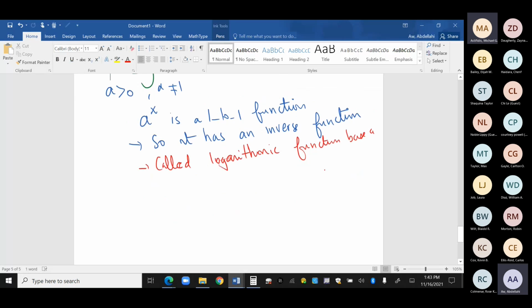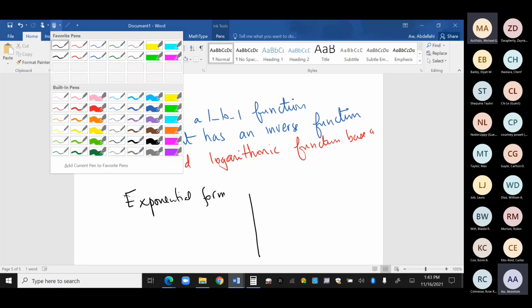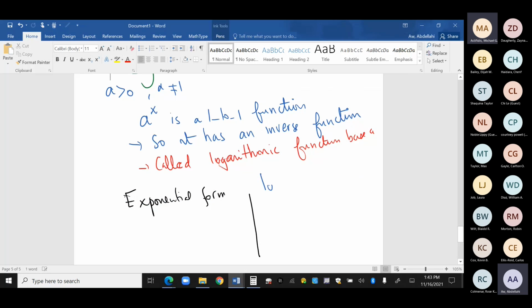So now look, if I do this, the exponential form, and here I'm going to say what's going to be the logarithmic form. Okay, if I do this statement, a to the x power is equal to y.